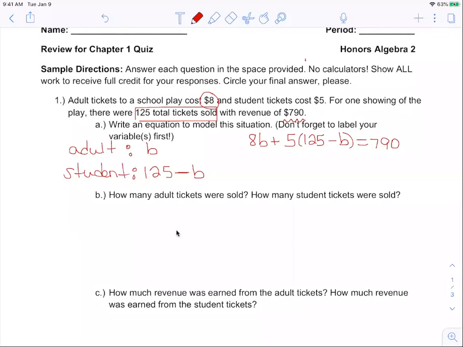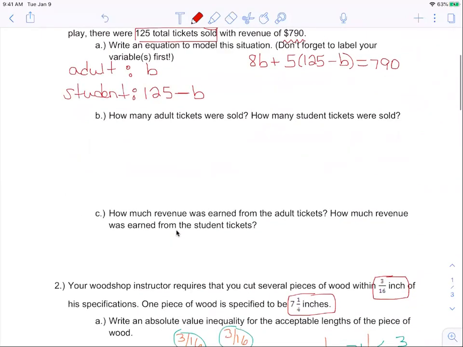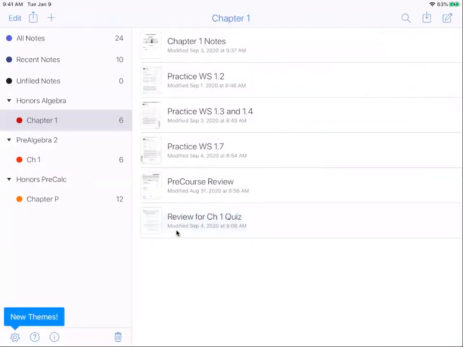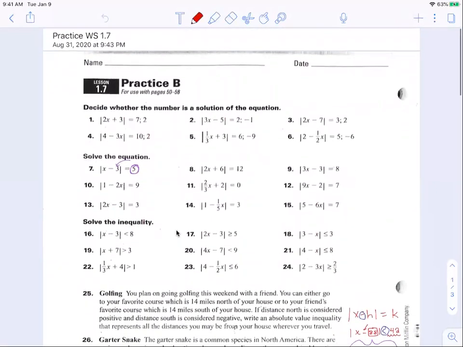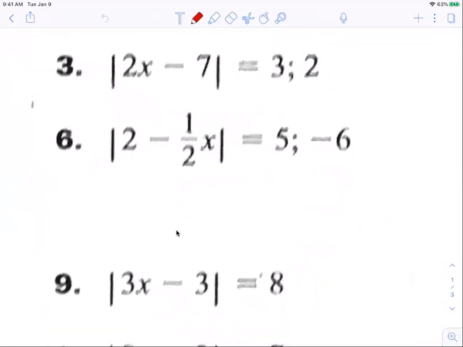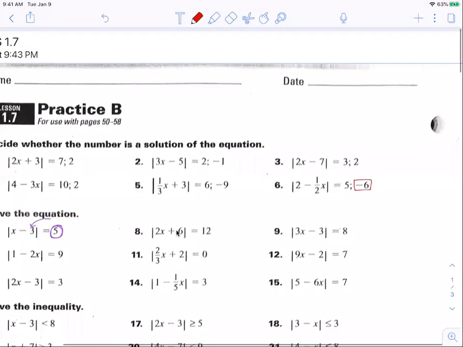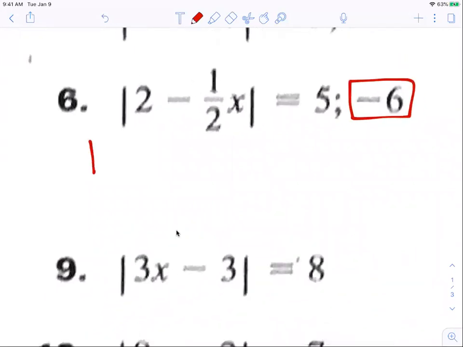How do you do number 6 on the 1.7 worksheet? 1.7, number 6. All right, let's look at this one here. So this is the number that I'm going to plug into the equation. What does it say here? Determine whether the number is a solution. So we're going to put in -6. So I'm taking 1/2 times -6, and I want to see, does this equal 5?